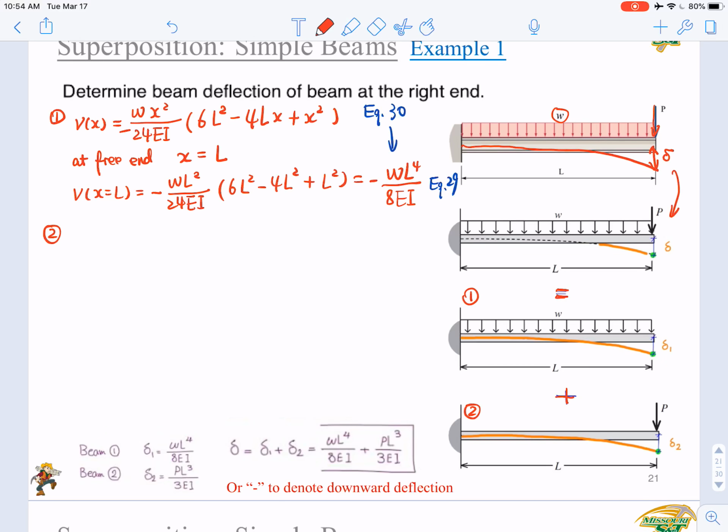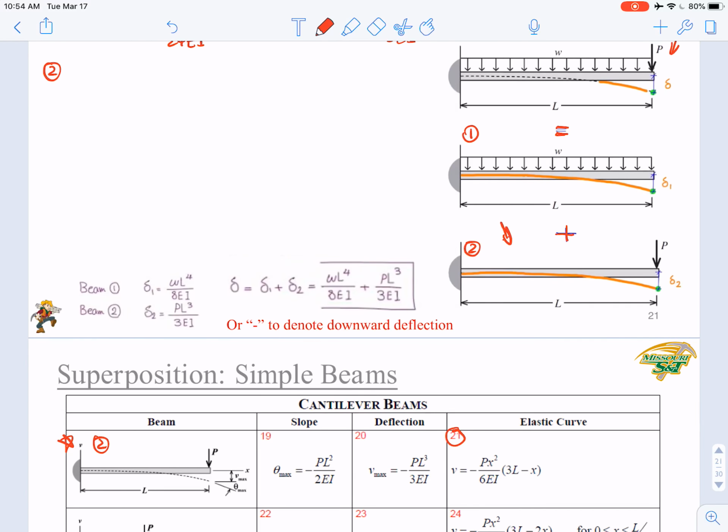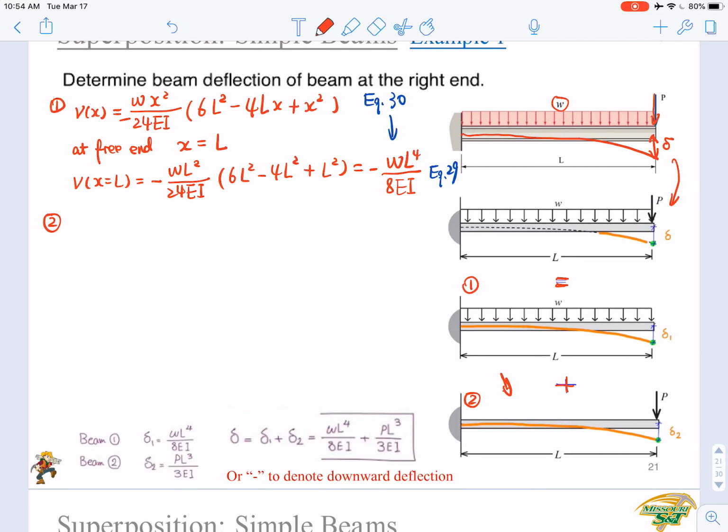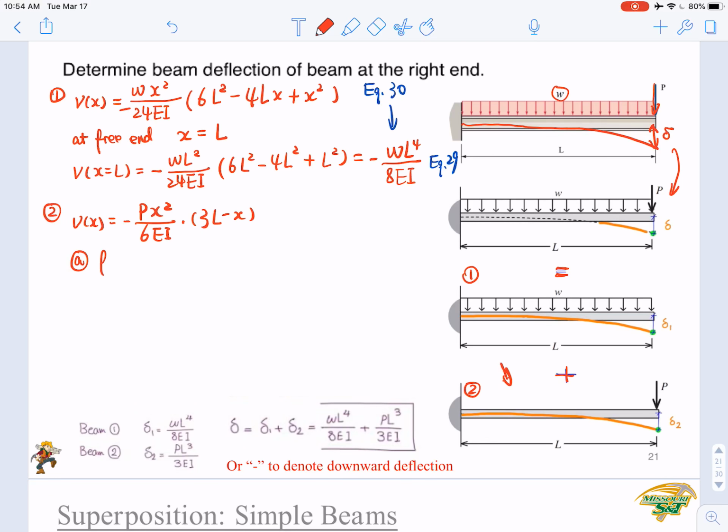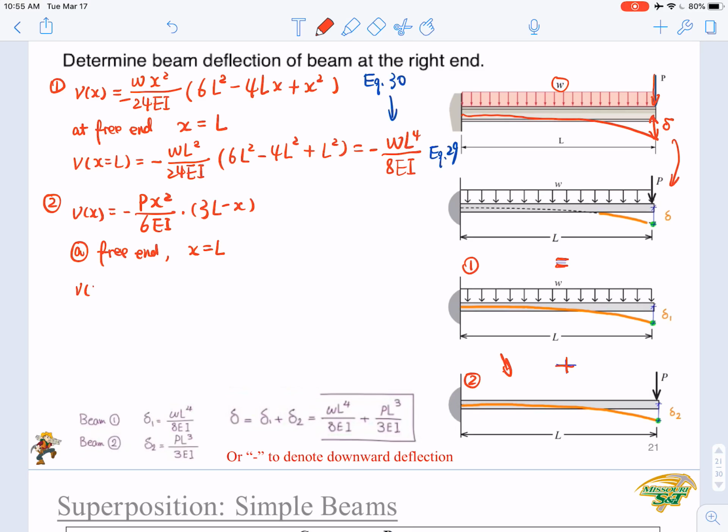For our beam number 2, as we just analyzed, we can start from equation 21, where Vx equals negative Px squared over 6EI times (3L minus x). Again, at the free end, x equals L. So we just substitute the x in this equation by L. So Vx at x equals L equals negative P L squared over 6EI times (3L minus L).